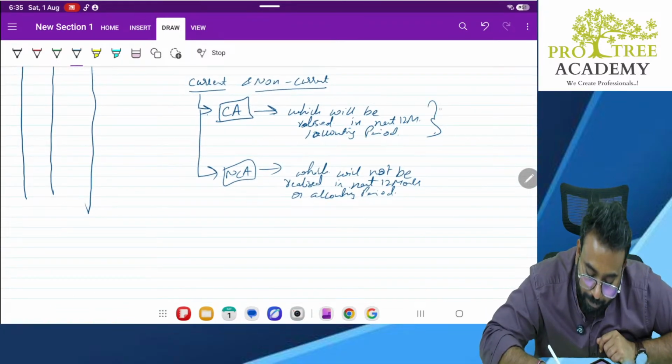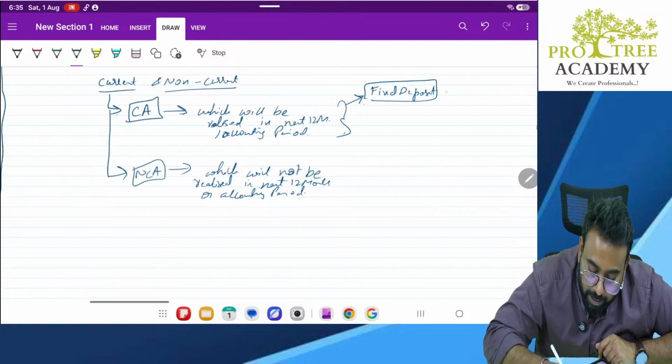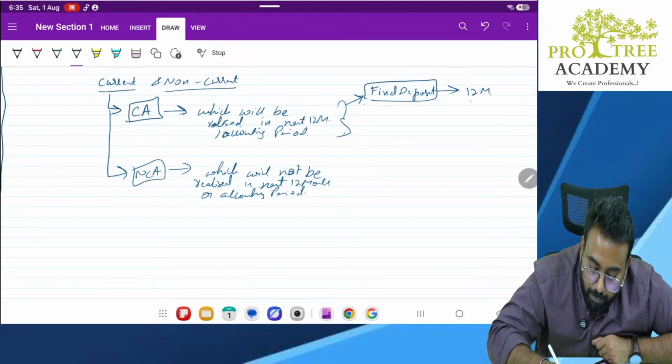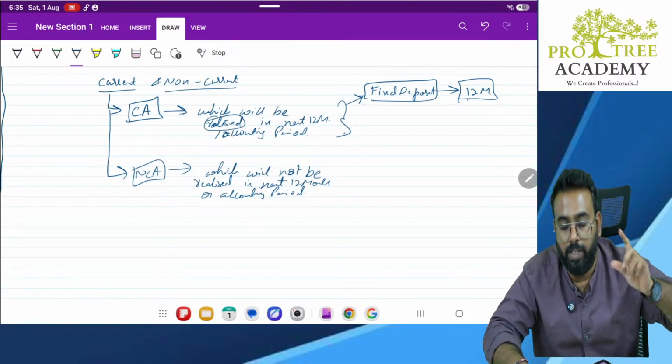Listen to me. One example of current assets is your fixed deposits. If your fixed deposit is, say for example, for 12 months, then my question to you, understand the meaning of the word realized.